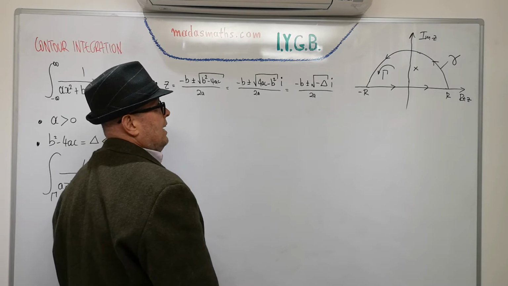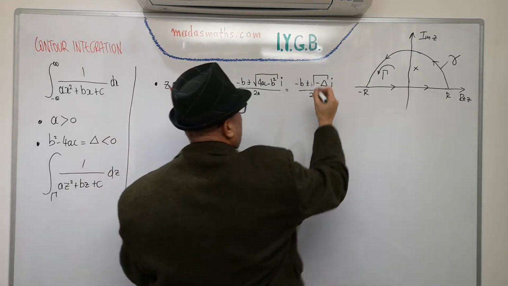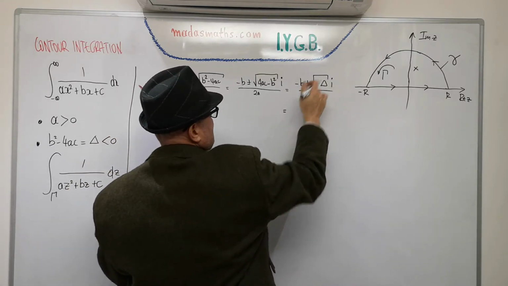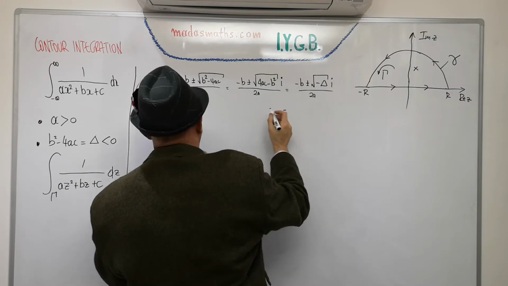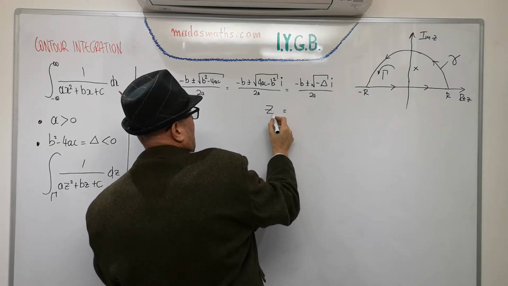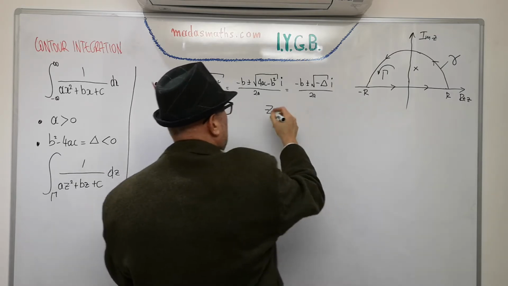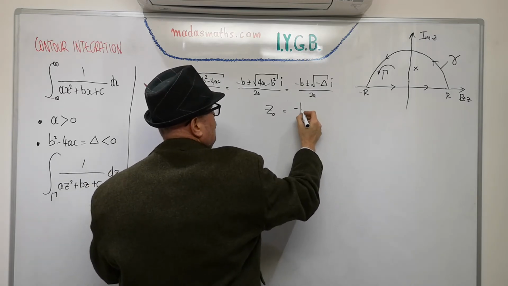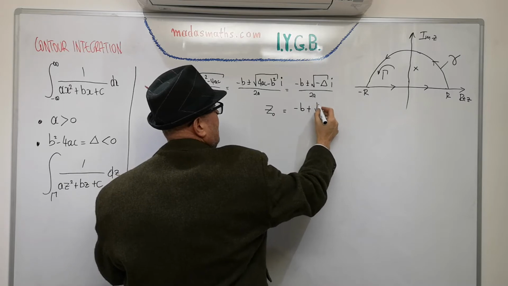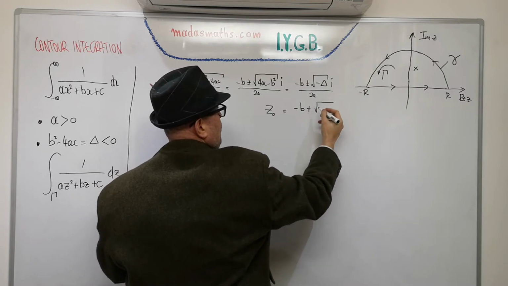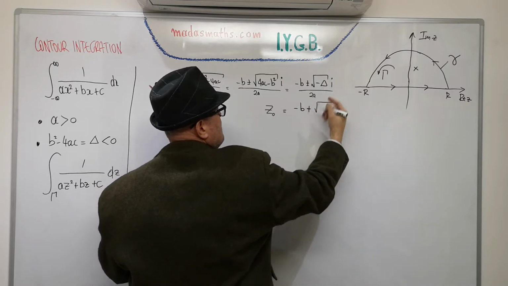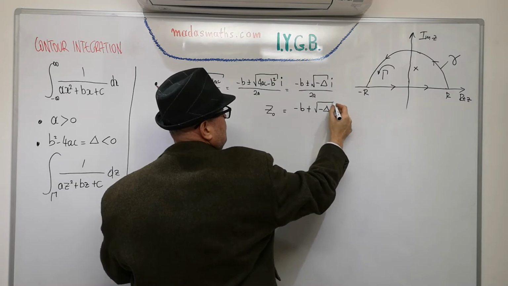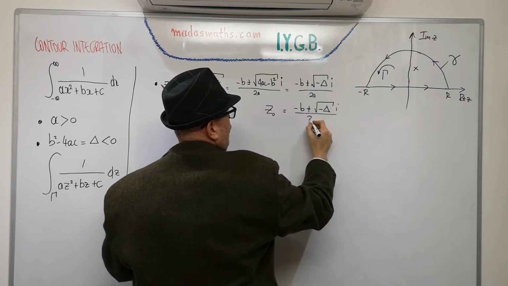It doesn't really matter. And of course it's the one that has the plus version of the square root. So my pole is at z0. I'm going to identify it as z0 so I don't have to write all of this mess. z0 is minus b plus the square root, so it has a positive imaginary part, lots of i, over 2a.